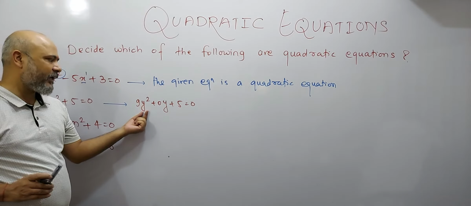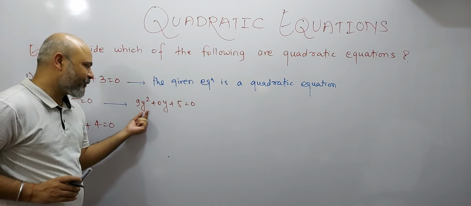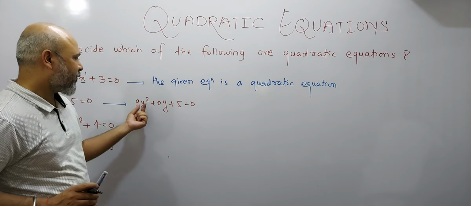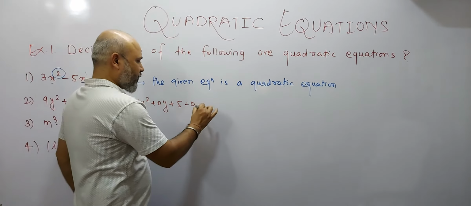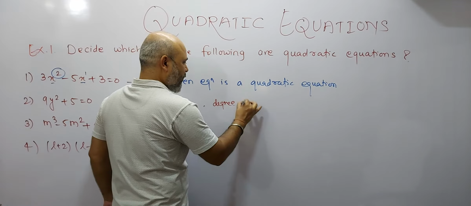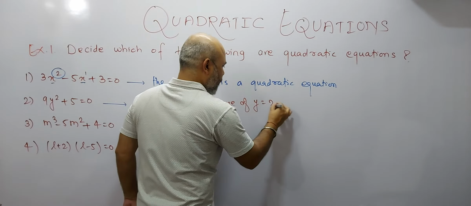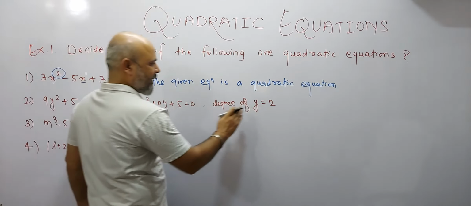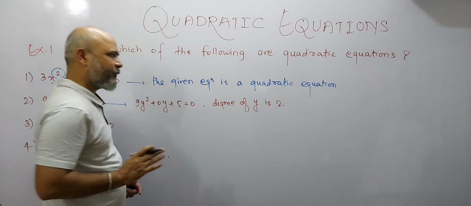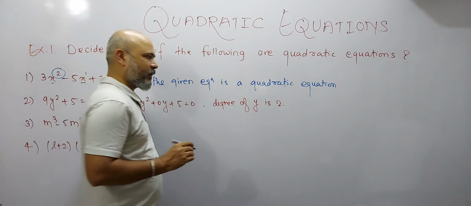What is the degree of this variable y? The highest degree of this variable y is 2 again. Degree of y is 2, and therefore you will say that the given equation is a quadratic equation.